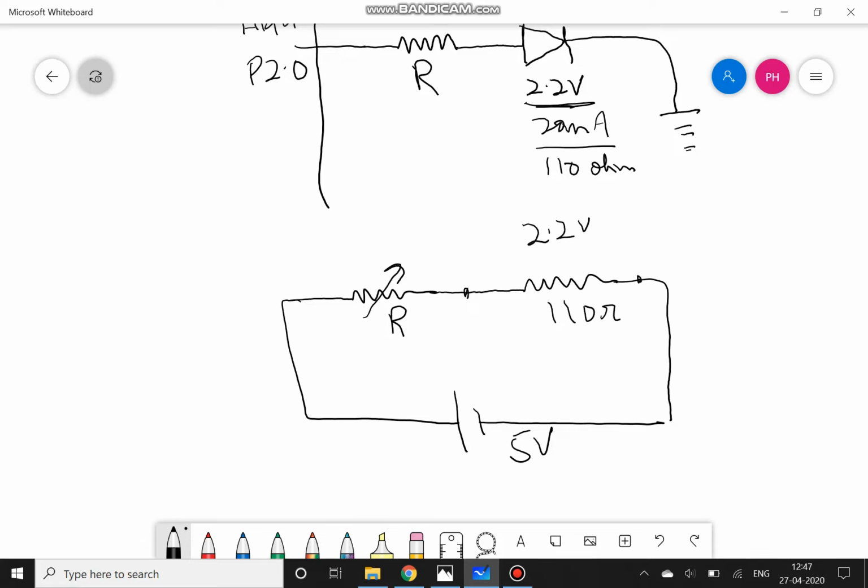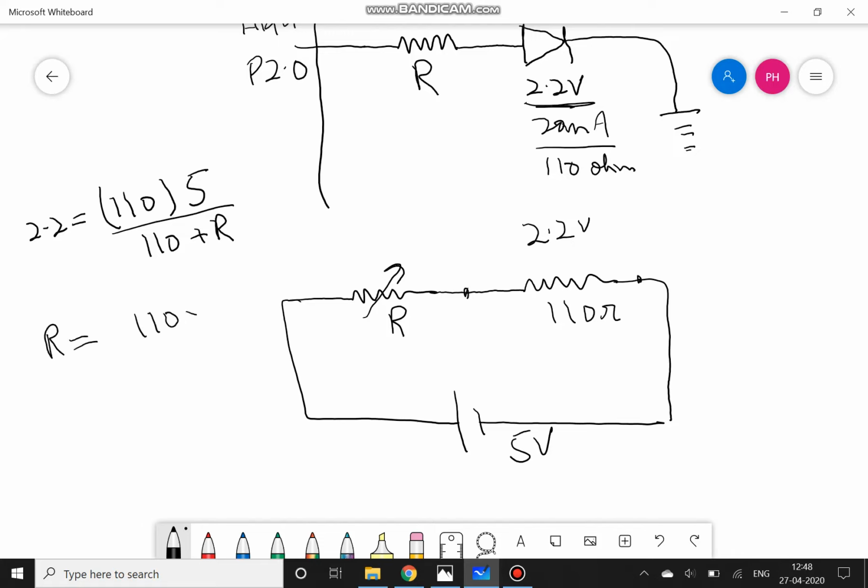So using the voltage divider formula, I can write: 2.2 equals 110 multiplied by total voltage 5 divided by total resistance 110 plus R. That means R equals 110 into 5 divided by 2.2, minus 110. That gives me a resistance of approximately 150 ohms.